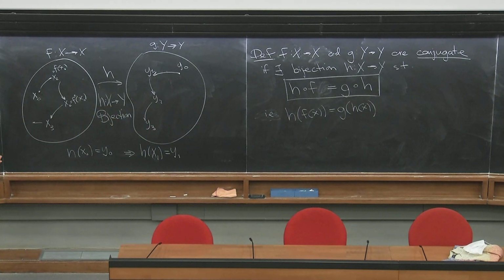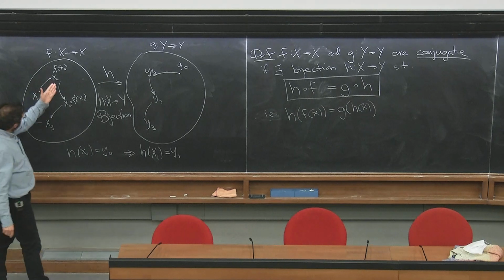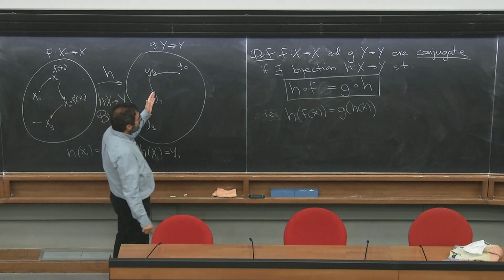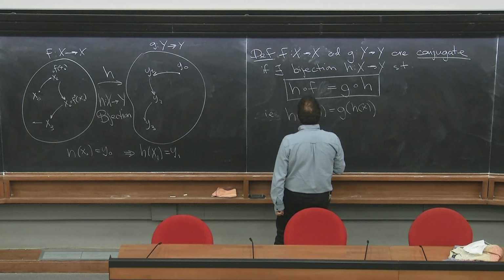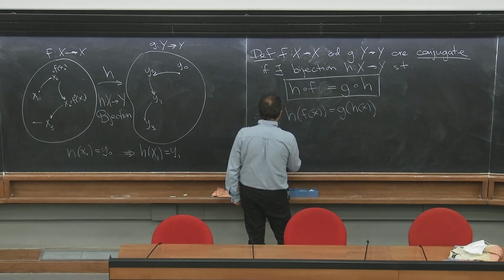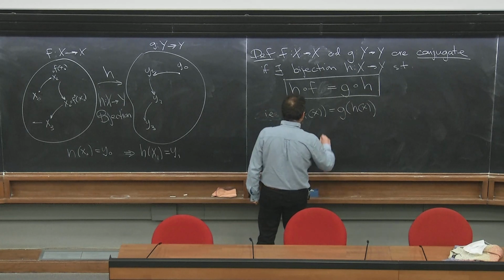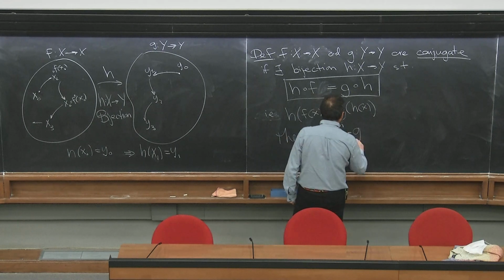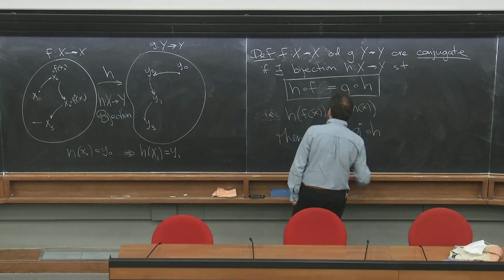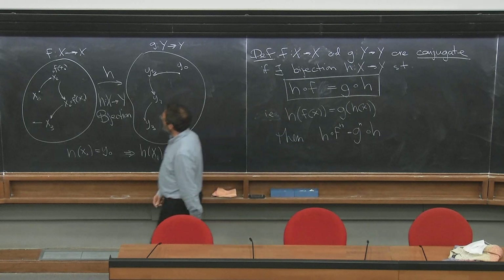This is a very important condition. And notice, of course, that this is preserved, right? Because the same thing will happen when you iterate again. Okay, this is easy to check. Notice that this implies that H composed with F^n is also equal to G^n composed with H. You can easily check that this is the case.